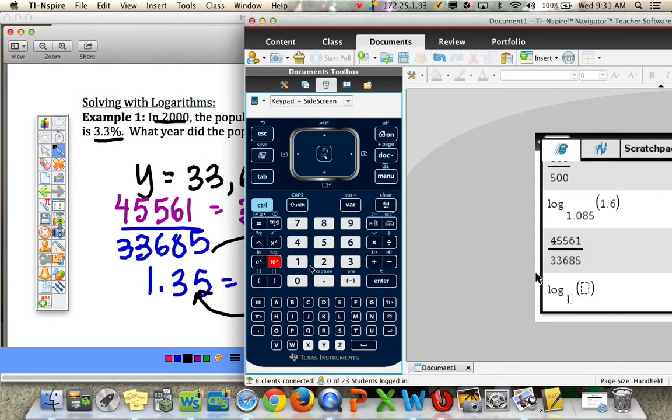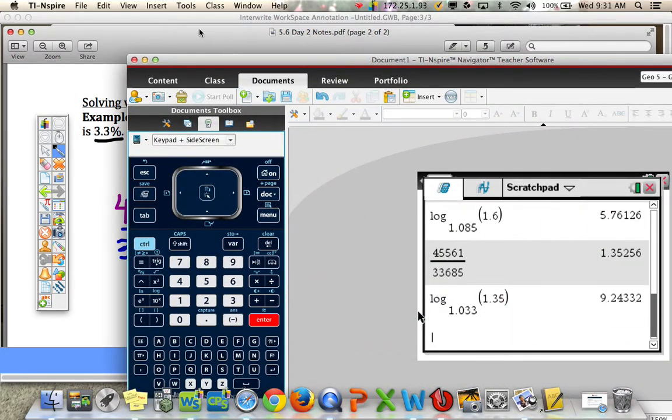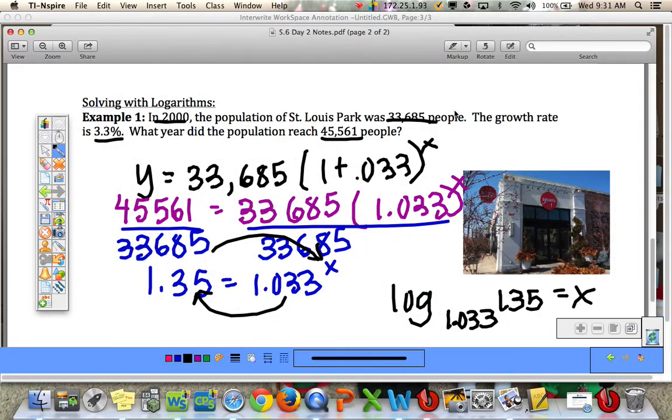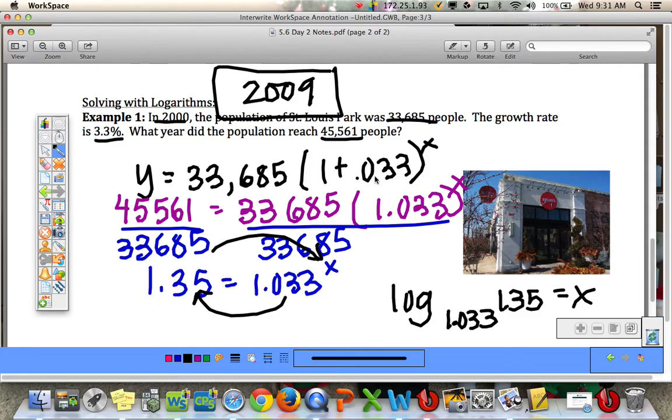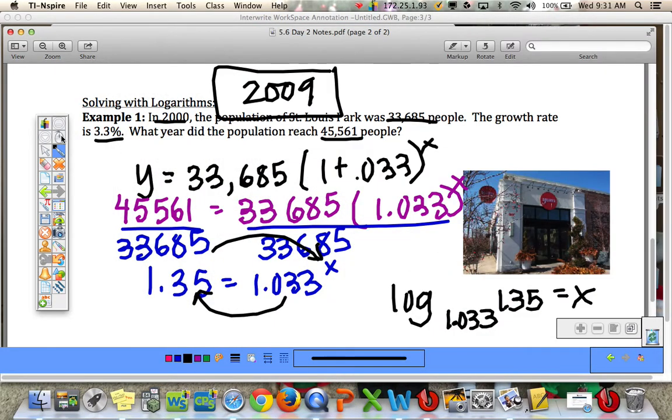So log base 1.033 of 1.35. Double check that. Yep. And after 9.2 years, so it says what year, so this is going to be about 2009, because we started in 2000, since x is 9.2432, so 9 years, 2009.